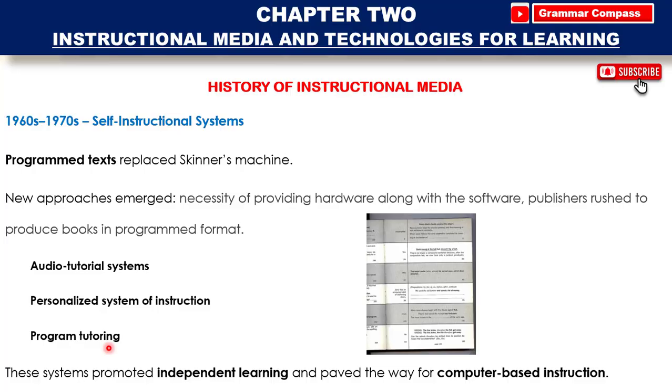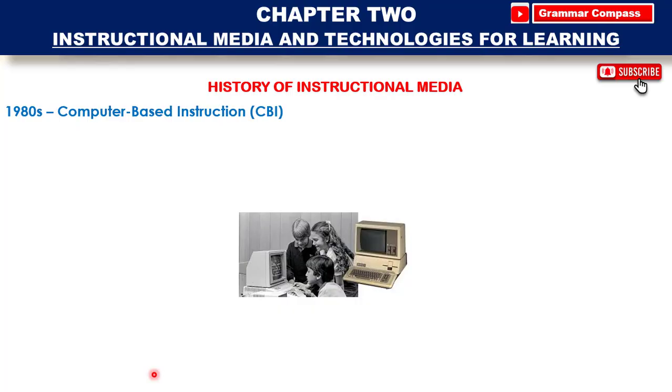These were structured lessons, sometimes on paper like this, sometimes using early computers that mimicked the guidance of a human tutor. So all these innovations helped promote independent learning. Instead of relying heavily on teachers, students were gradually becoming active participants in their own learning, and this laid the foundation for something big on the horizon, that is computer-based instruction.